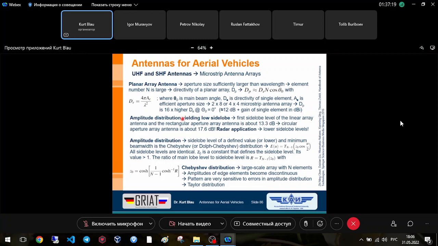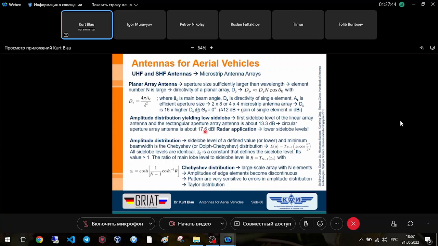If we have a rectangular or a square arranged array, then we have this value here. And if we have the array in a circular shape, then we can reduce it by a little bit more than 4 dB to this value here. This is very interesting.